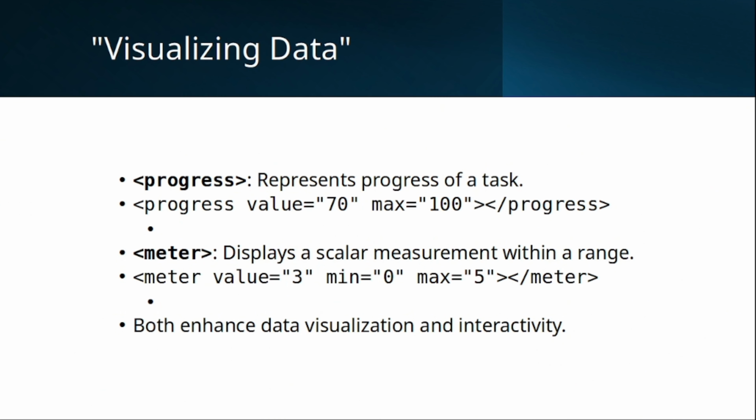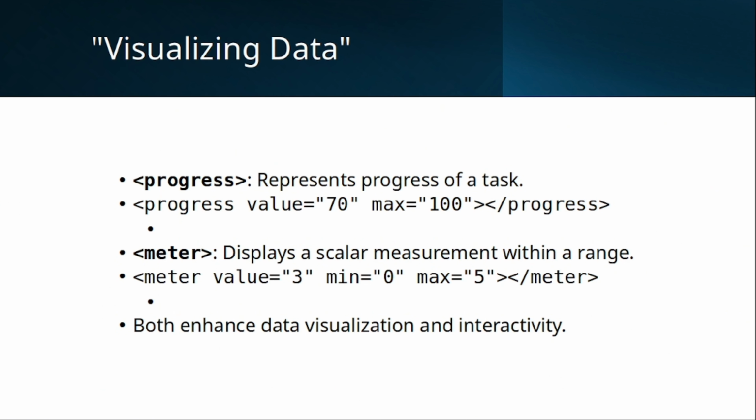For example, if you're learning on an online platform with video lessons, you will have a progress bar. This tag shows the progress from the value to the maximum value. Here in the example you can see a value of 70 with a maximum of 100.